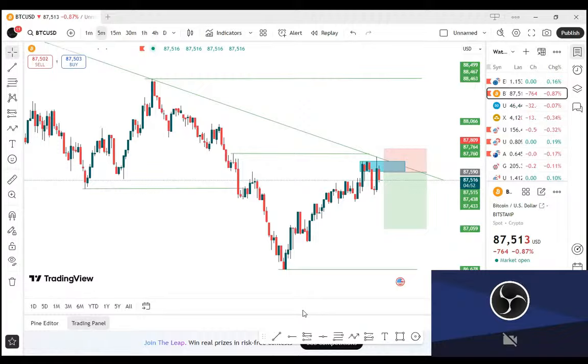Let me go to my MT5 first. If price should go to that zone, then I'll be taking it.